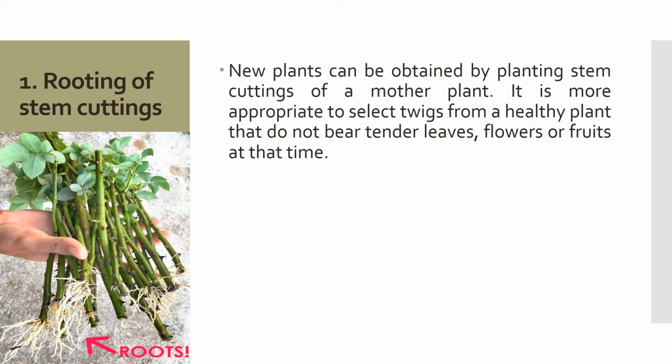When you are selecting a branch for planting, or when you are selecting a twig for obtaining a new plant, there are special things that you should consider. The twig that you are selecting should be a healthy one and it should be obtained from a healthy plant. And also that twig should not bear tender leaves, flowers or fruits when you separate it from the mother plant.